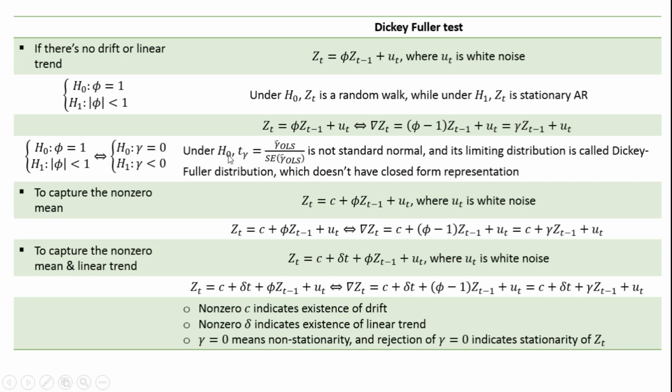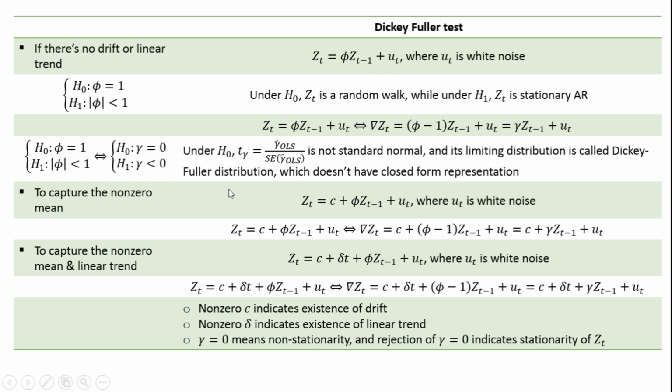Using this assumption, we can compute a test statistic. The Student statistic is not standard normal, and its limiting distribution is called the Dickey-Fuller distribution, which doesn't have a closed form representation.